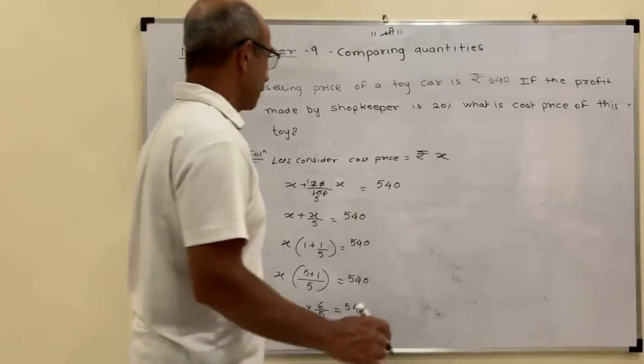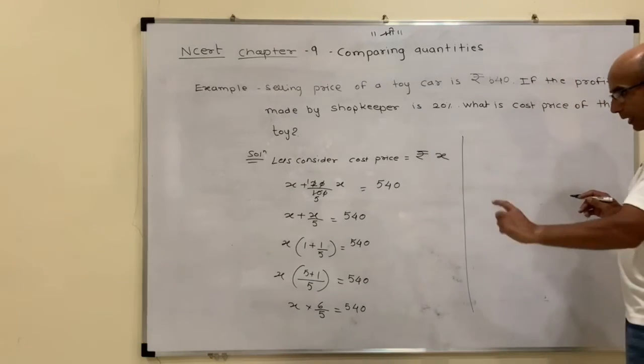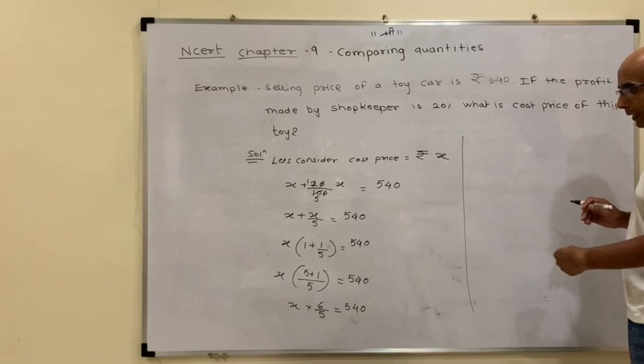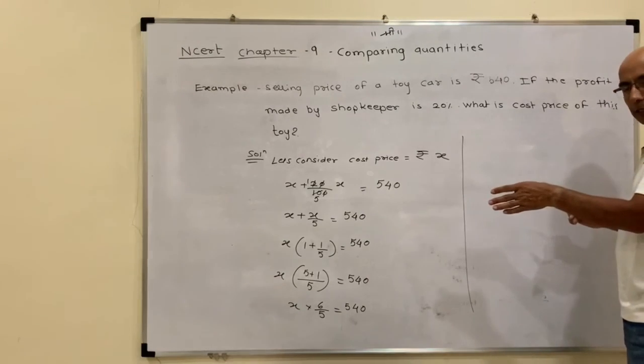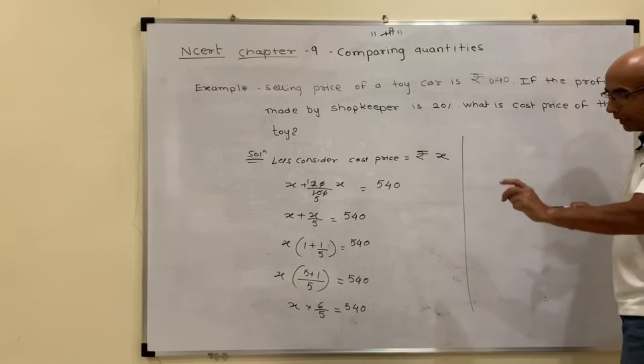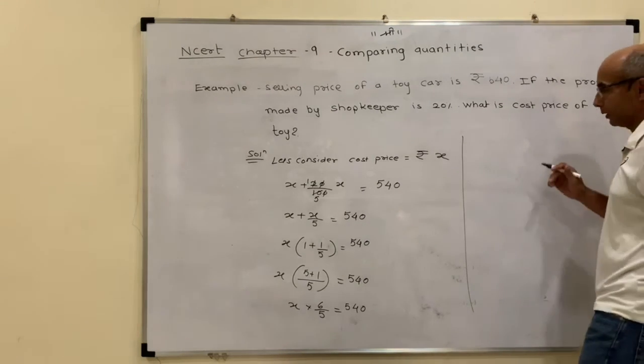I'll continue it over here. Now when I transpose 6 upon 5 from the left hand side to the right hand side, 6 which is multiplied will be divided and 5 which is divided will be multiplied. When I transpose, it becomes the inverse of multiplication.